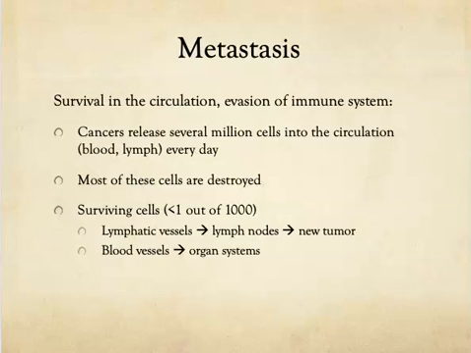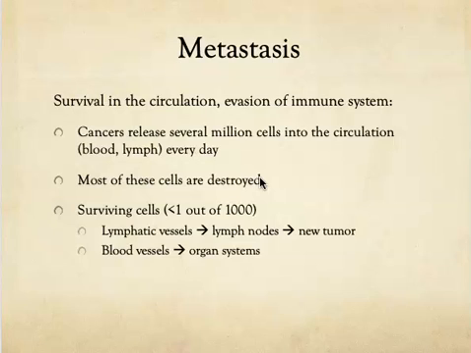In reality, tumors that are about to become cancers or have become a cancer will release several million cells into the circulation, again, either the blood or the lymph, each and every day. That is just a remarkable number of cells that get shed off of tumors and actually make it into the circulation. Luckily for us, most of those cells will be destroyed, either in the blood or in the lymph.